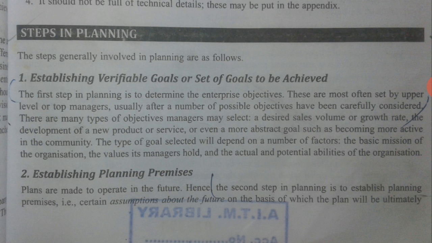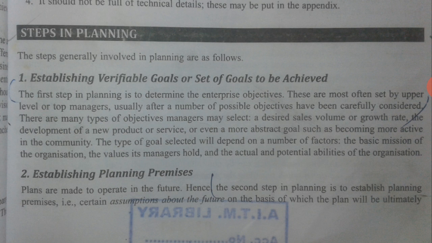They have to plan for the future in this area, such that there will be development, and they should have premises. What do premises mean? A particular area of their planning, how they are going to plan in that area.